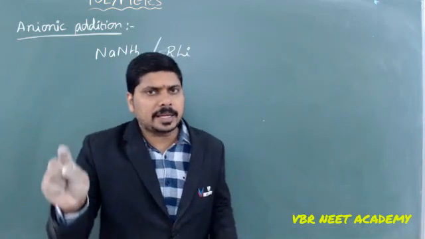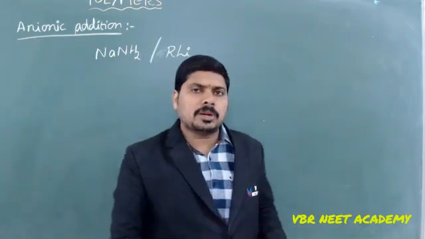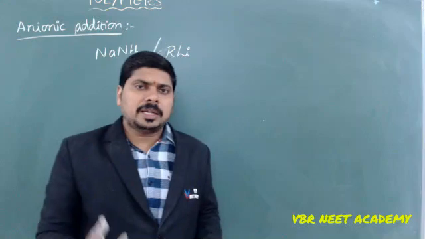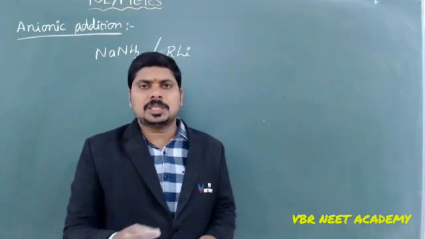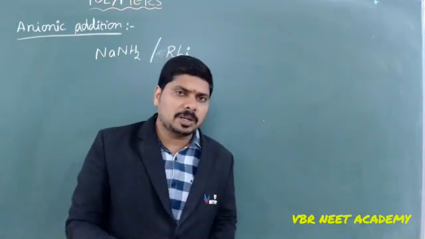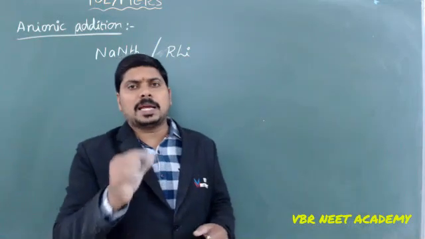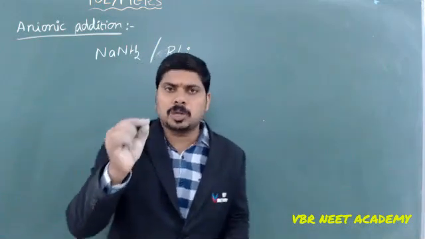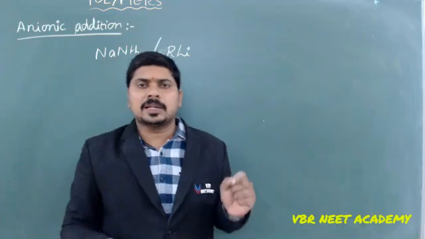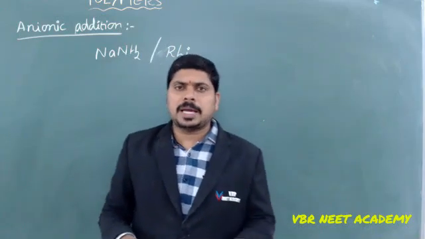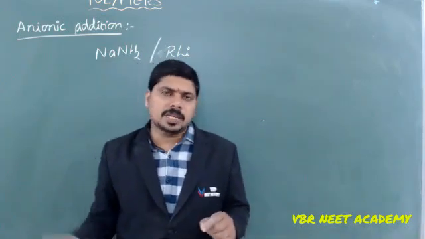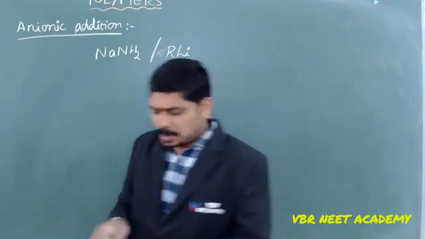There we are having cyanide, that is also going to be more electronegative. So that is also bringing anionic polymerization. So these are the favorable conditions, polyvinyl only. But when we have a more electronegative atom present in that monomeric unit, they will undergo the polymerization by anionic. That's what we are going to have in this.